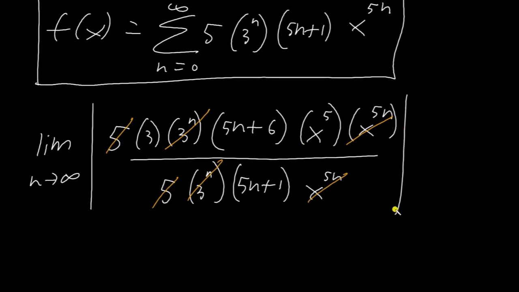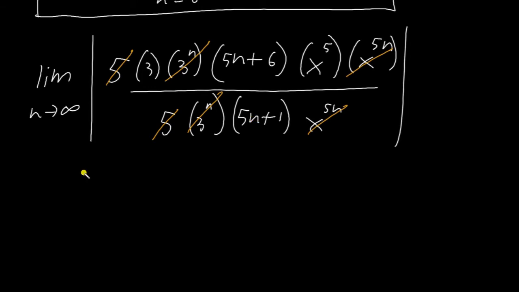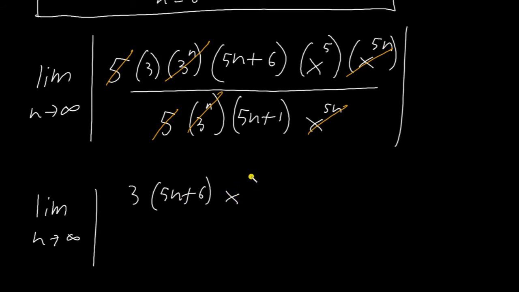Oh, by the way, before I forget, let me leave the absolute values here. Okay. So once we do the simplifications, we're left with the limit as n approaches infinity of the absolute value of 3 times 5n plus 6 times x to the 5th over 5n plus 1.